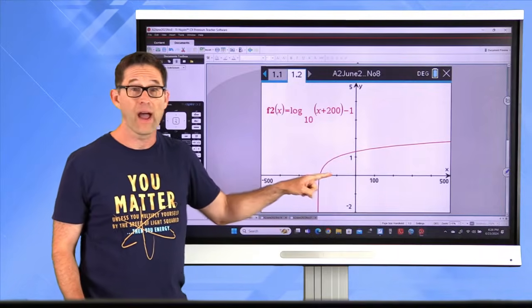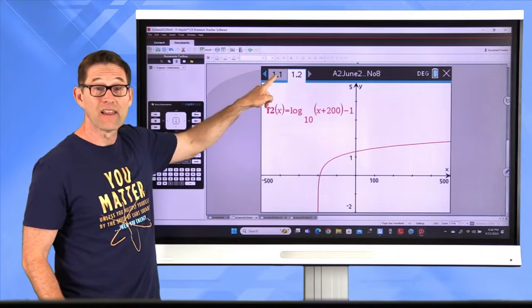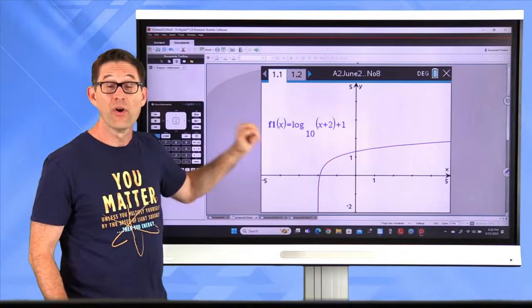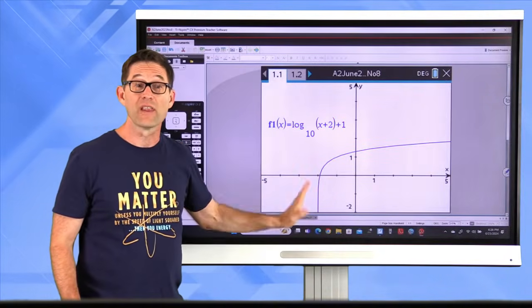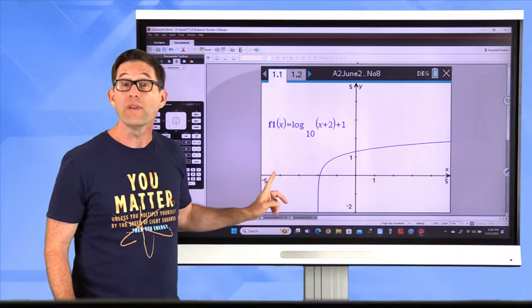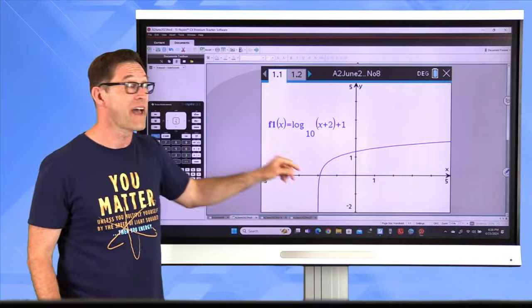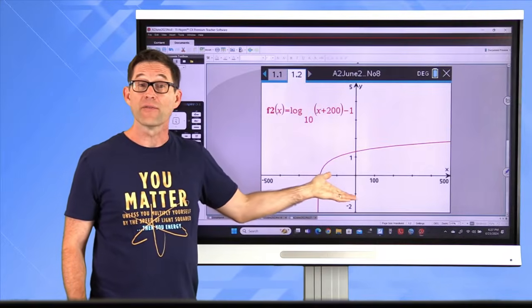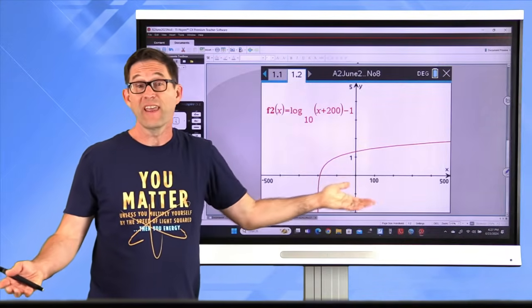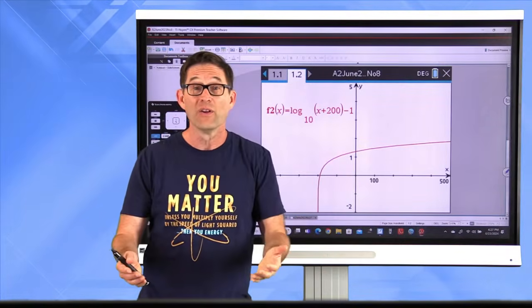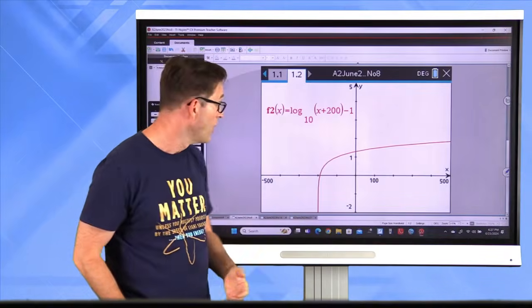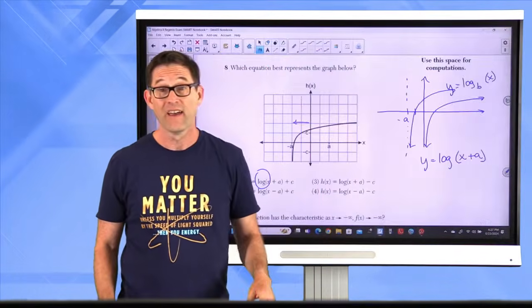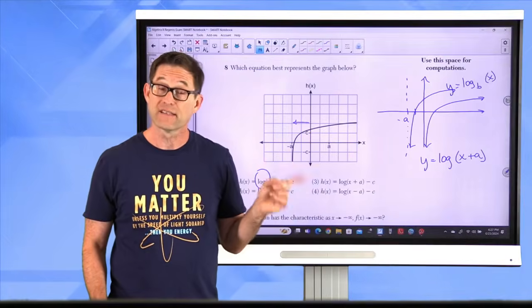And we then get a graph that looks basically exactly like this graph, where I've shifted it 2 units to the left and 1 unit up. The only difference is that the scale on the x-axis is different in this graph than in this graph. But then again, if they didn't want the scale to be different between the two, they should have just said A is 2 and C is 1.